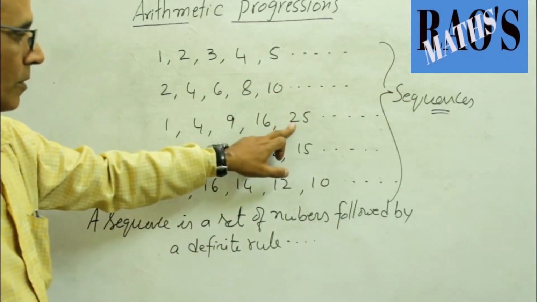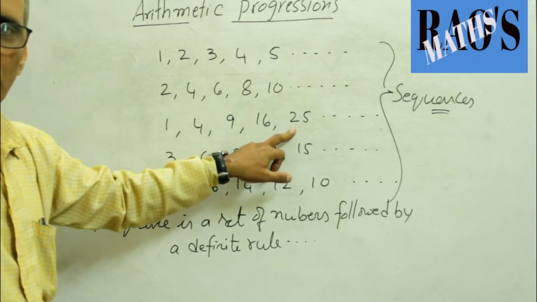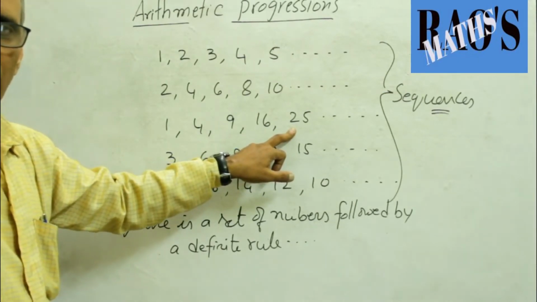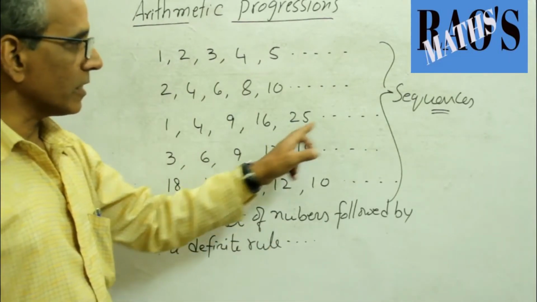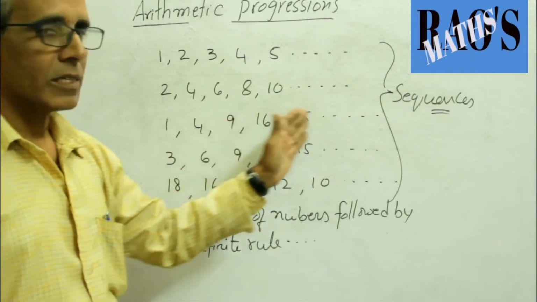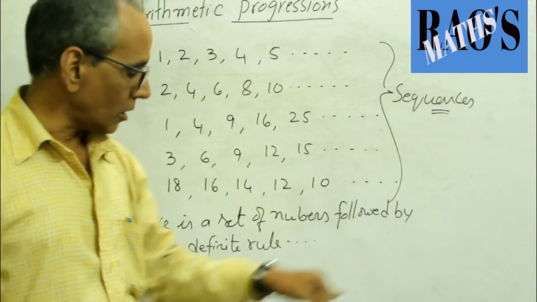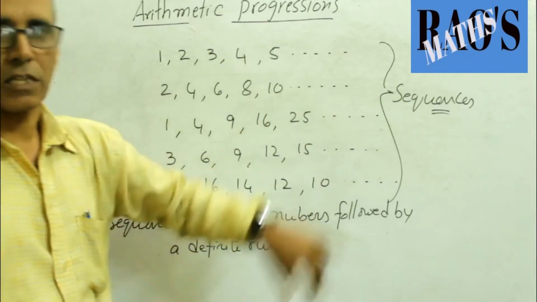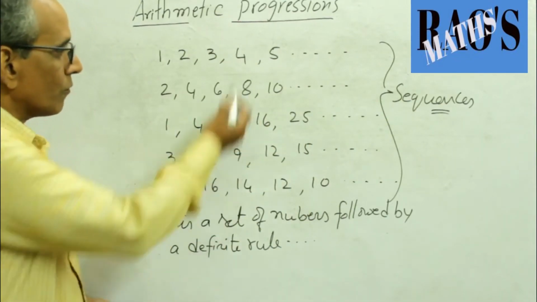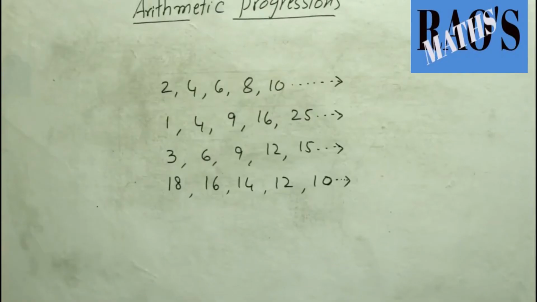Here also I have the squares of the first 5 natural numbers. What is the square of the 9th natural number? If I derive a rule, I can go there directly without writing all of the sequence. So the rule helps us find the required member in the series or in the sequence. Let's derive the rule for all these now.